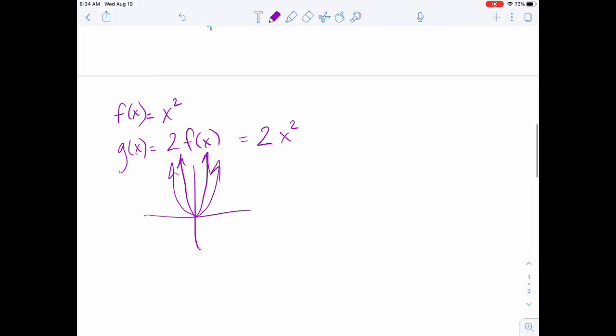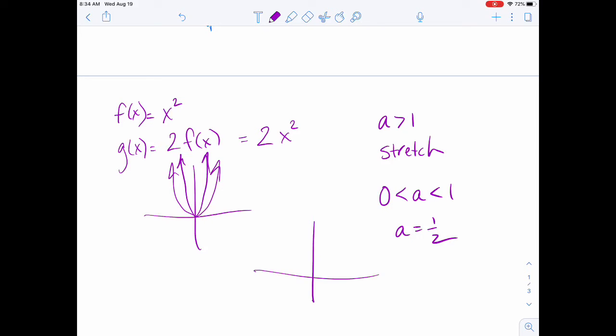What I like to do is when this a value is bigger than 1, I refer to it as a stretch. Say when a is 2, it's a vertical stretch of 2. If a is 10, it's a vertical stretch of 10. When a is between 0 and 1, so say a is equal to 1/2, that's going to take this original parent function and kind of flatten it out a little bit.